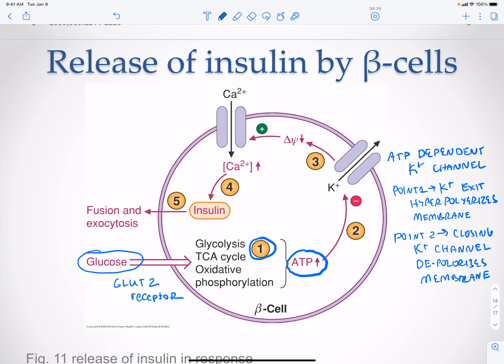Okay, and so what you want with respect to the membrane to release insulin is you want depolarization.